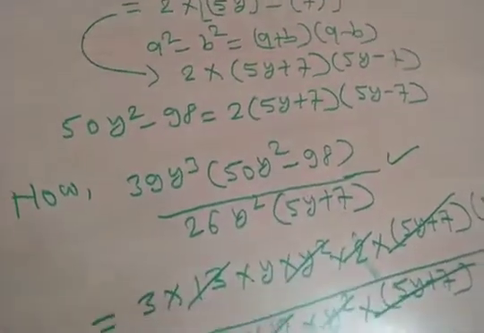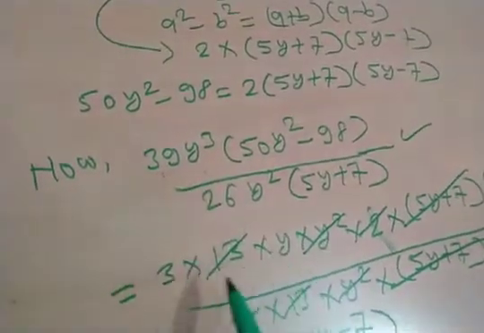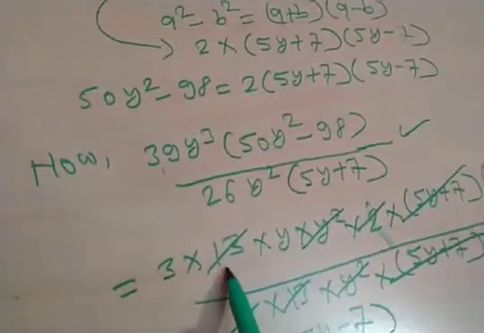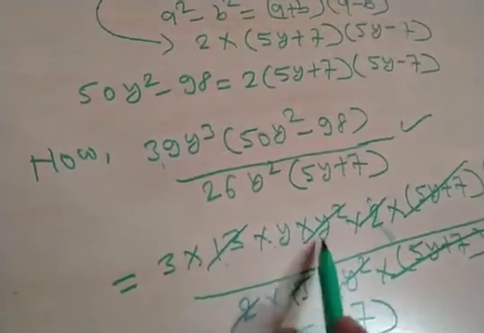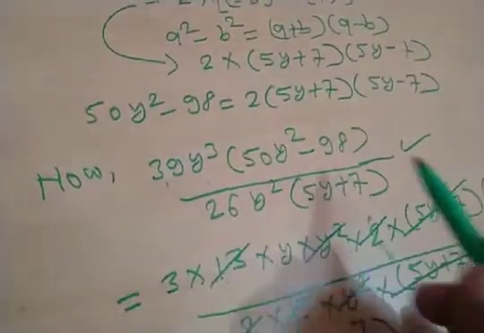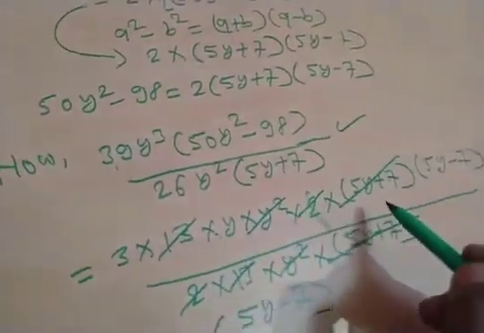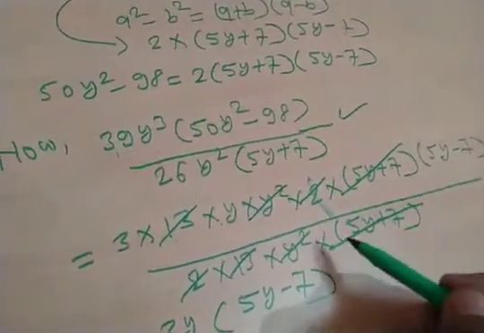After this, you can see here this is our given question. So we can write 39y power 3 as 3 into 13, y power 3 as y into y square. Okay. And here 50y square minus 98 you can write 2 into 5y plus 7, 5y minus 7. Okay.